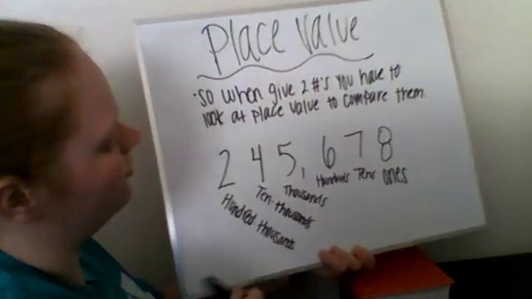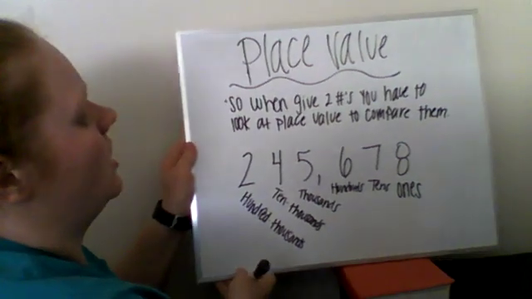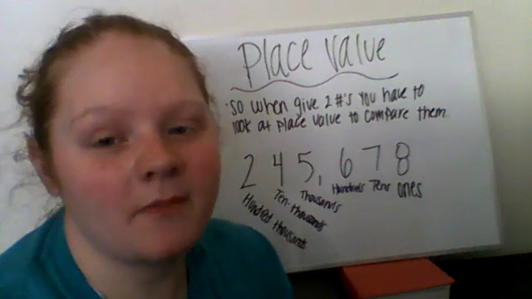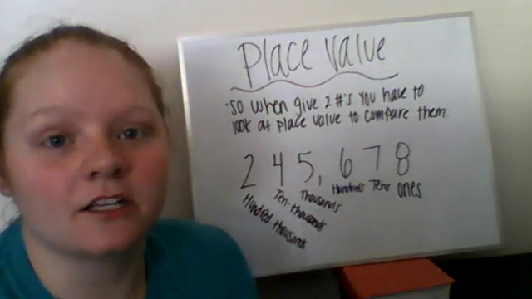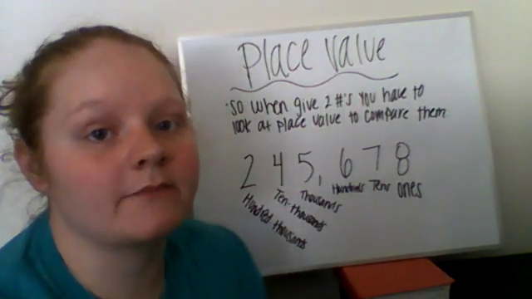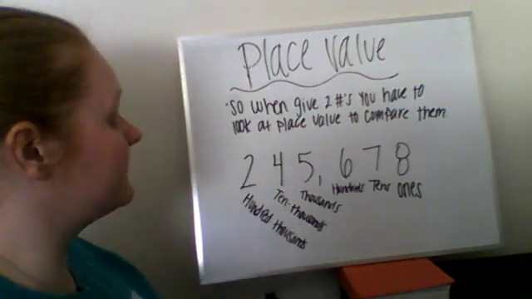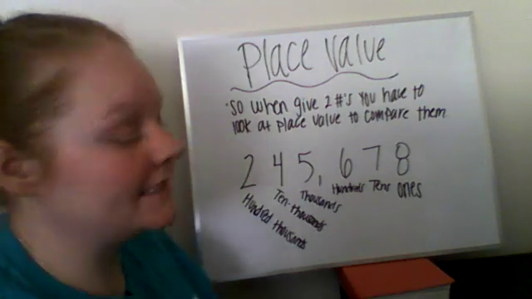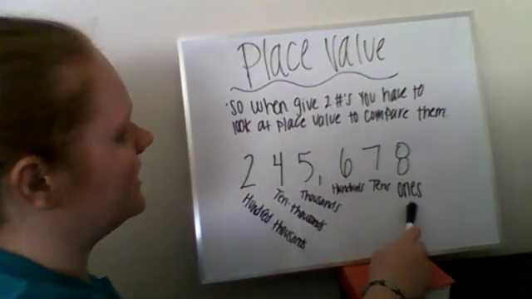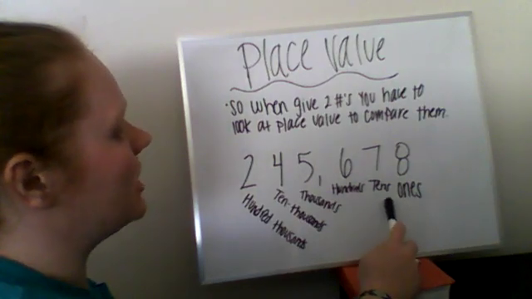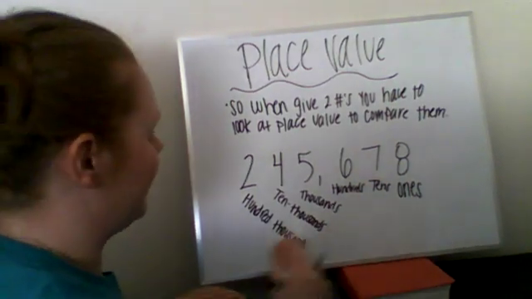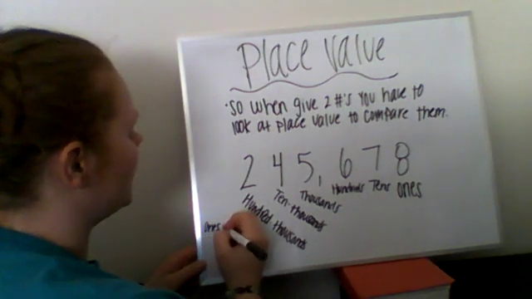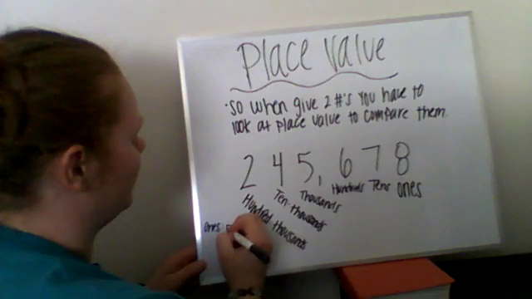Now, you're probably wondering why each value has a different name. Well, in our math class, we deal a lot with base 10, and each of these place values has a certain value represented using our base 10s. Our ones is represented by one little cube.